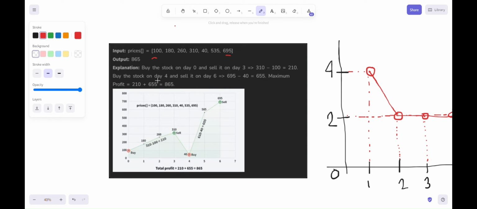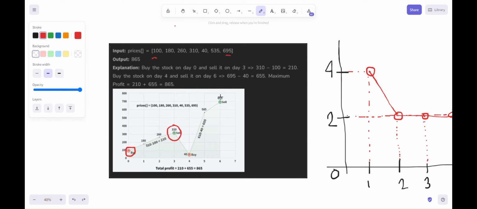So to maximize the profit we need to buy the stock at the minimum price and sell it at the maximum price, and buy it again at the minimum price and sell it at the maximum price.